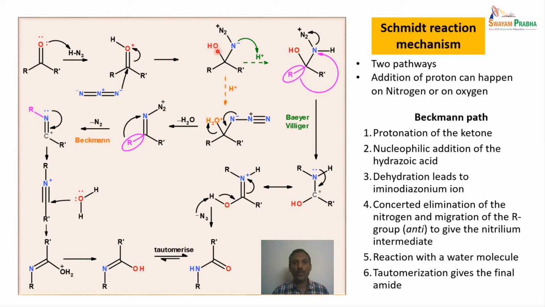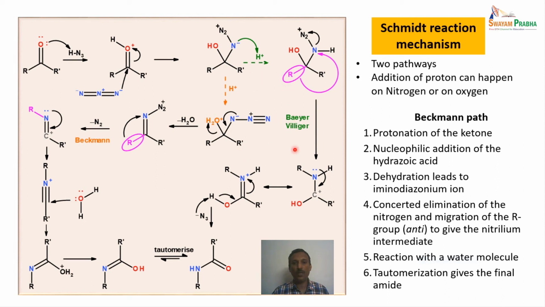Based on where the proton is added, the reaction takes different pathways. If the proton is added to the hydroxyl unit, it leads to H2O plus formation, and this follows the Beckmann rearrangement pathway. If the proton is added to the nitrogen, then it follows the Baeyer-Villiger pathway. So this is the major difference between the two pathways for the product formation.